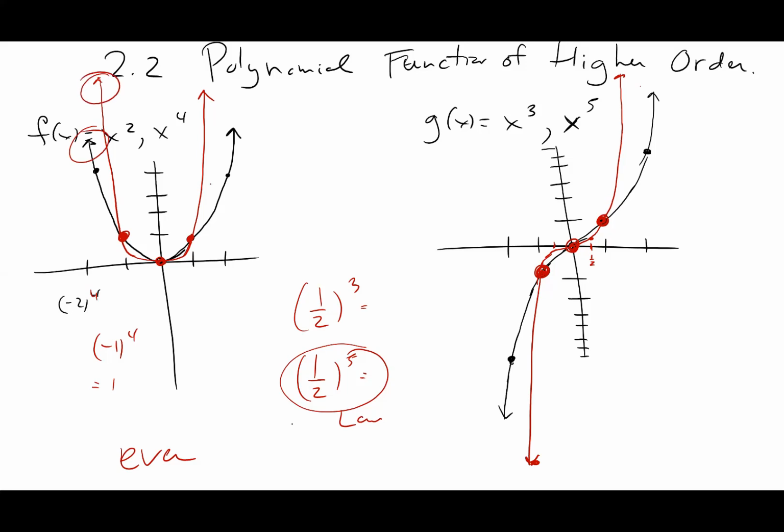If you take a negative number to an even power, 4 or 6 or 8 or 10, the negative just drops out. Is that true? If you take a negative number to an odd power, 3, 5, 7, 9, that negative is still going to stay there. And so we have this little idea called end behavior on these guys.